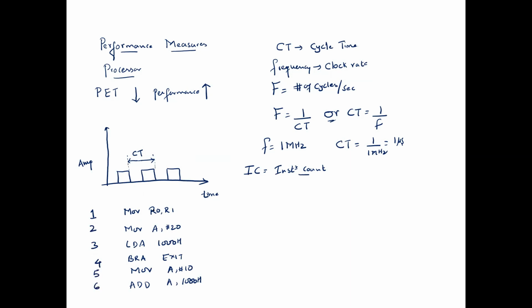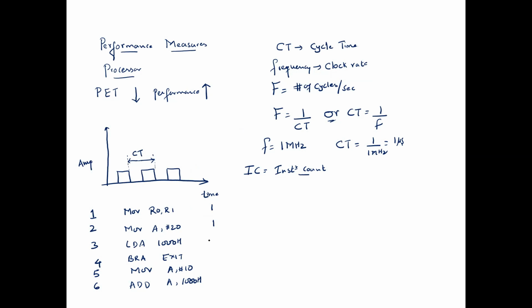And each instruction will take a specific amount of time. Now this instruction will take how many such cycles? It will take one cycle of time. And the second instruction will also take one cycle of time. And who is going to determine the time taken to execute each instruction? That is the manufacturers. While designing the processor, they will estimate the time, and that depends upon the crystal frequency connected to the processor.